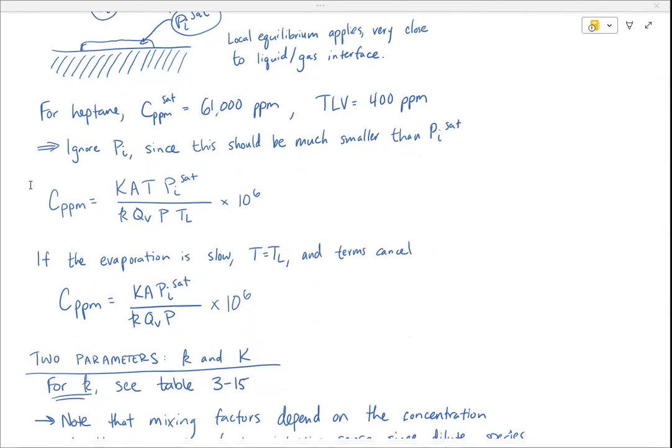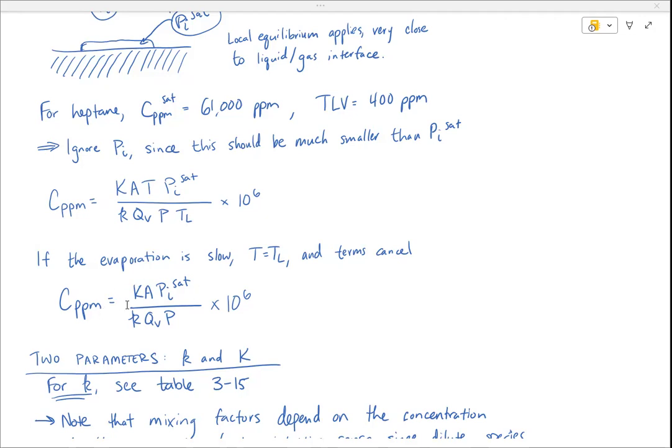In the derivation, one of the things you can do is assume that evaporation is slow. If you do that, the temperature of the room or of the gas will be approximately equal to that of the liquid, and therefore those terms can cancel. If the evaporation is faster, which typically it is not, then the temperature of the gas, T, is going to be different than the temperature of the liquid. But we'll assume that is not the case. So we're down to this.